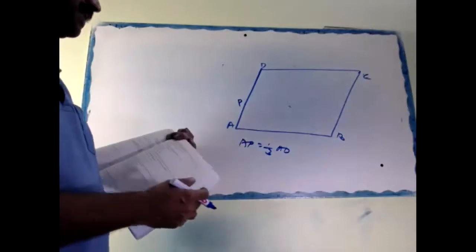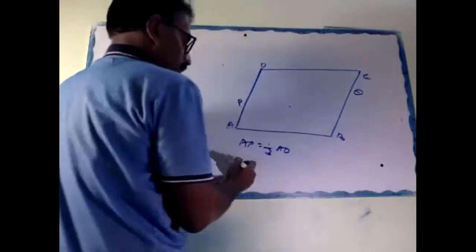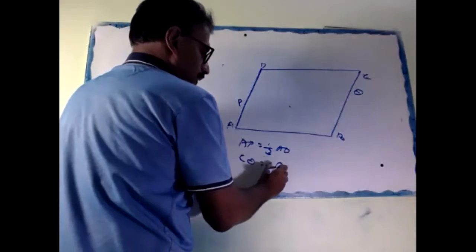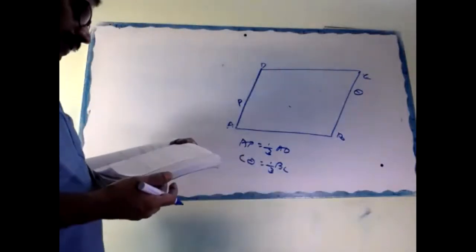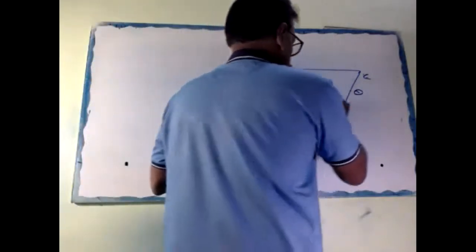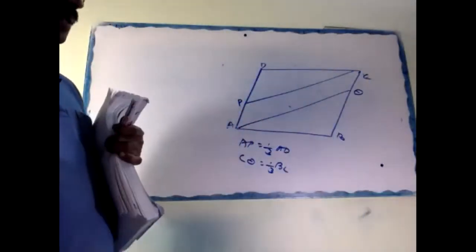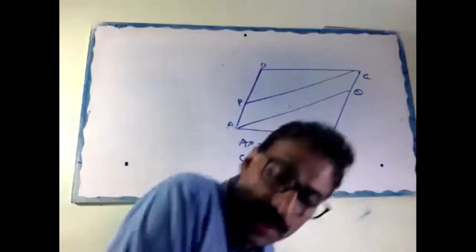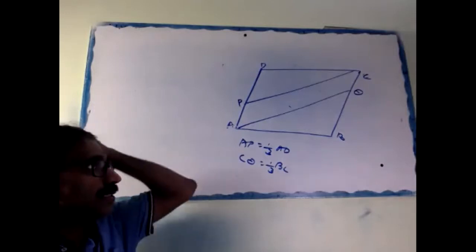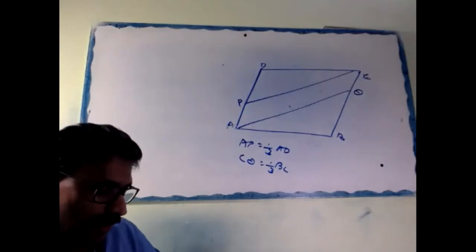Q is a point on BC such that CQ is equal to 1 by 3 BC. Prove that AQCP is a parallelogram.